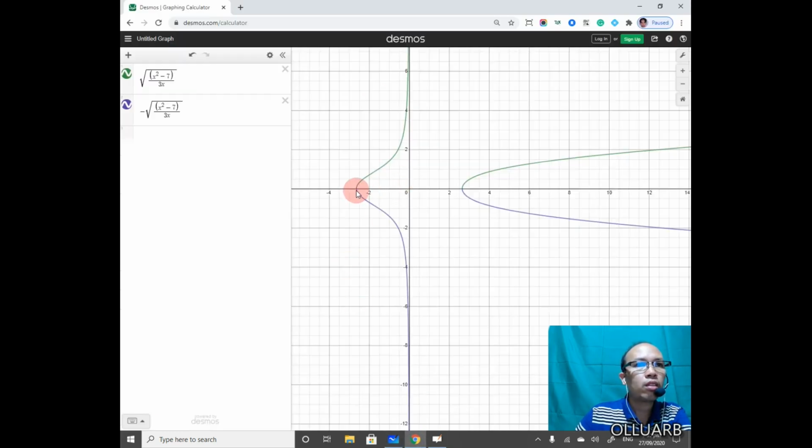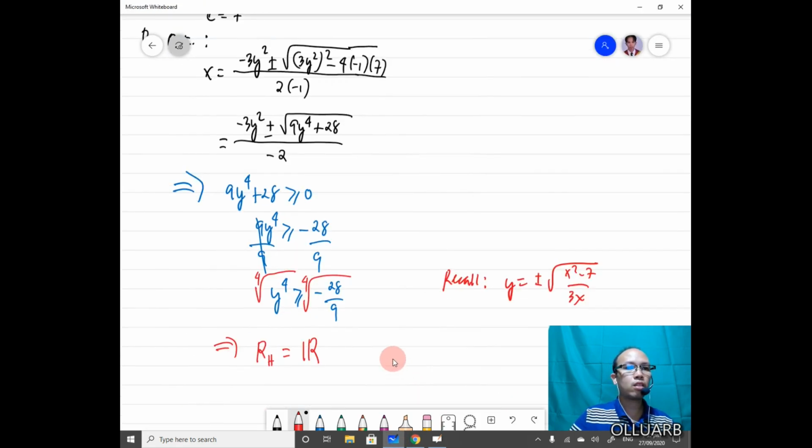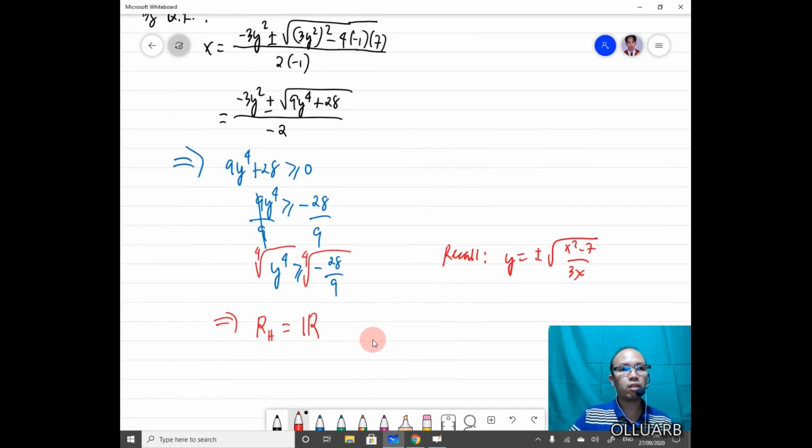Okay, this one to here, but 0 is not included. You cannot include 0 in the domain, and also for these points here, these are not included in the domain. However, in the range, it says here, the set of all real numbers.